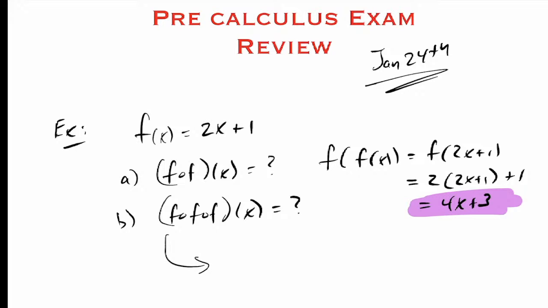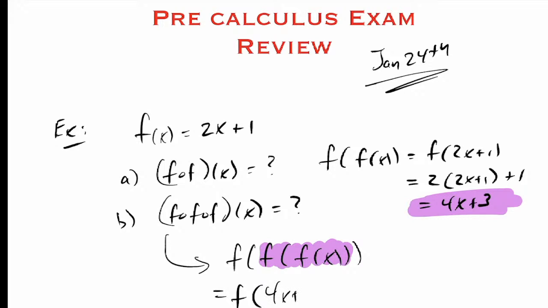And then for part b, it'd be f composite f acting on f at x. Just if I should ask something like that, that's all I was getting at. We know that this is equal to 4x plus 3. So this is 2 times 4x plus 3 plus 1. So I'm getting 8x plus 7.